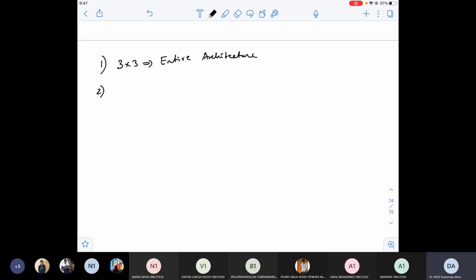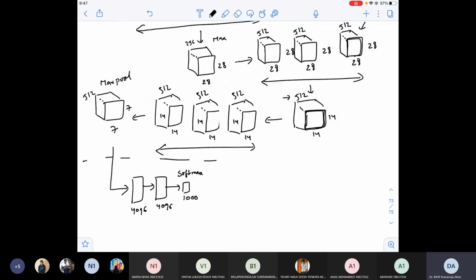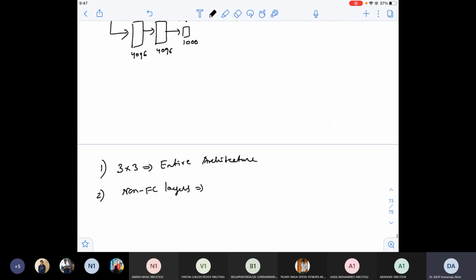And in the non-FC layers, the non-fully connected layers, if you calculate the number of parameters, you know how to calculate it: filter width 3, filter height 3, number of input channels, into the number of kernels that you want to apply.